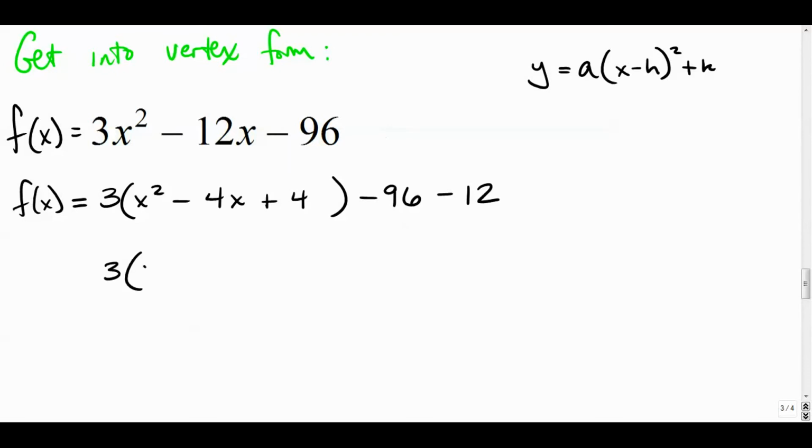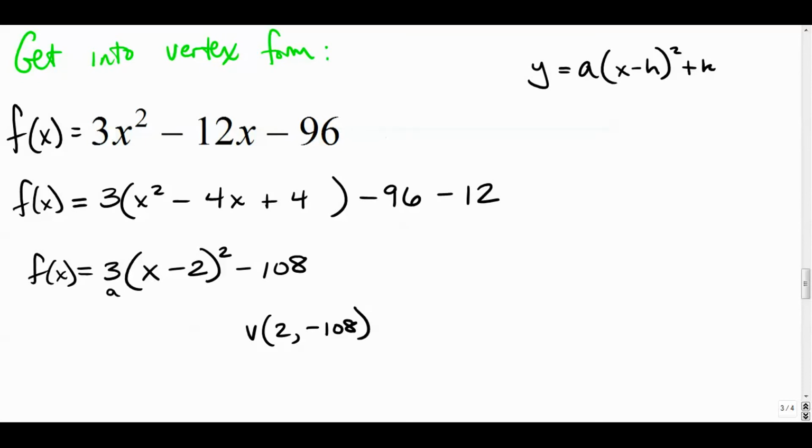So I've got 3 quantity x minus 2 squared minus 108. So now I can see that my vertex is 2 comma -108, and there's even an a term here, which means my parabola is going to be a little bit skinnier. And again, use your graph to confirm.